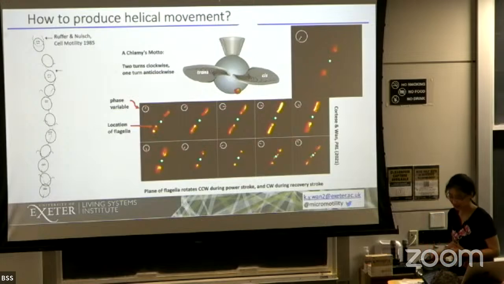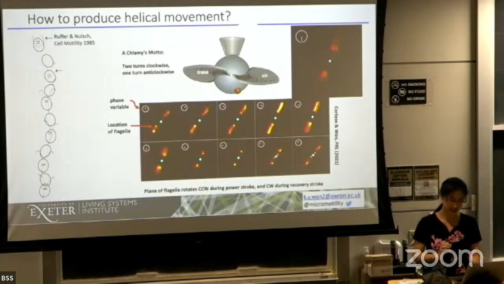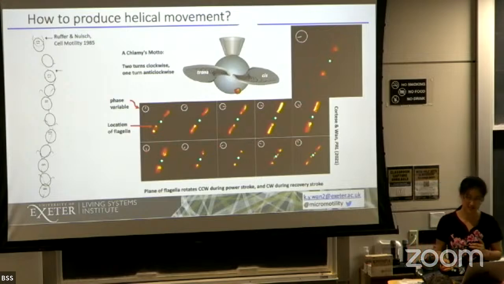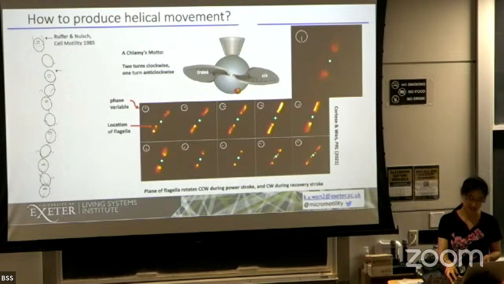And because of the asymmetry, even in this view, the cell will always spin slightly more clockwise than it does counterclockwise. So on average, you'd expect it to spin clockwise. And so this kind of explains, we think, why these cells are able to execute helical motion.